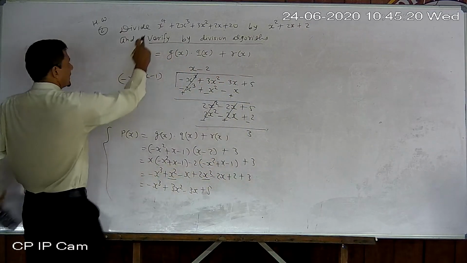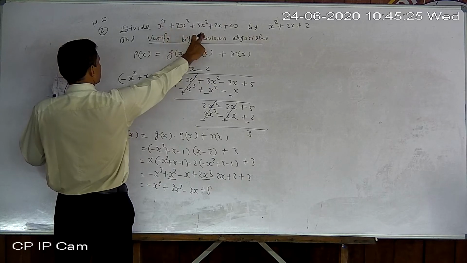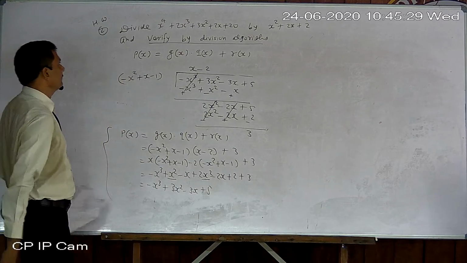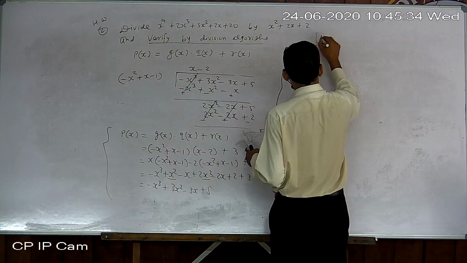Okay. Divide x raised to 4 plus 2x cube plus 3x square plus 2x plus 20 by x square plus 2x plus 2 and verify by division algorithm.